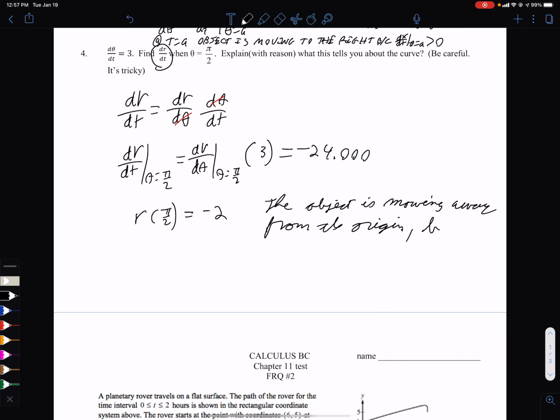And why? Because there's two reasons. Your dr/dt at theta is pi over 2 is negative, and r at pi over 2 is negative. That's your justification. And that's it for this problem.